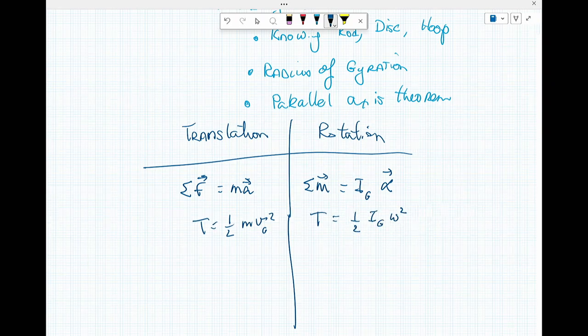And again, when you're dealing with rotational systems and translational systems, for kinetic energy, it's 1/2 m vg squared. And for a rotational system, it's 1/2 Ig omega squared.